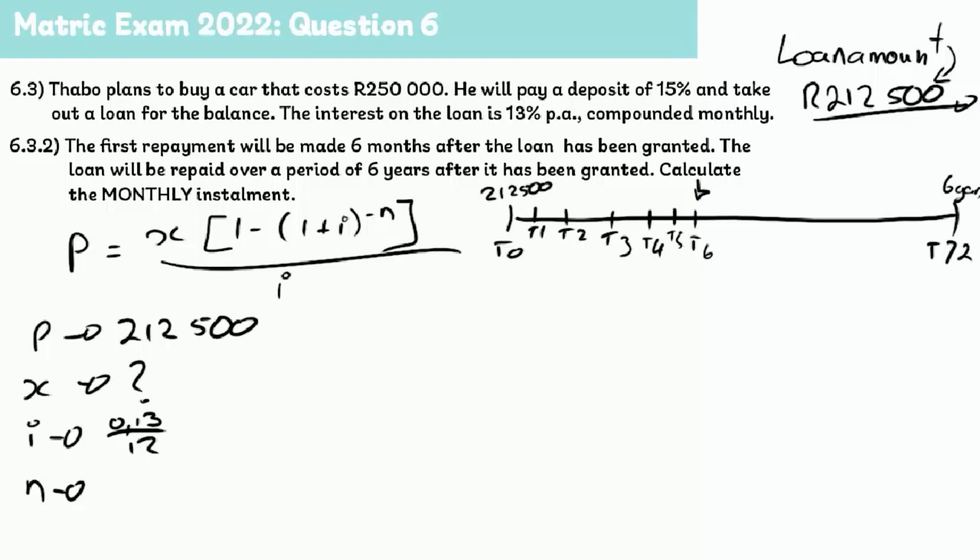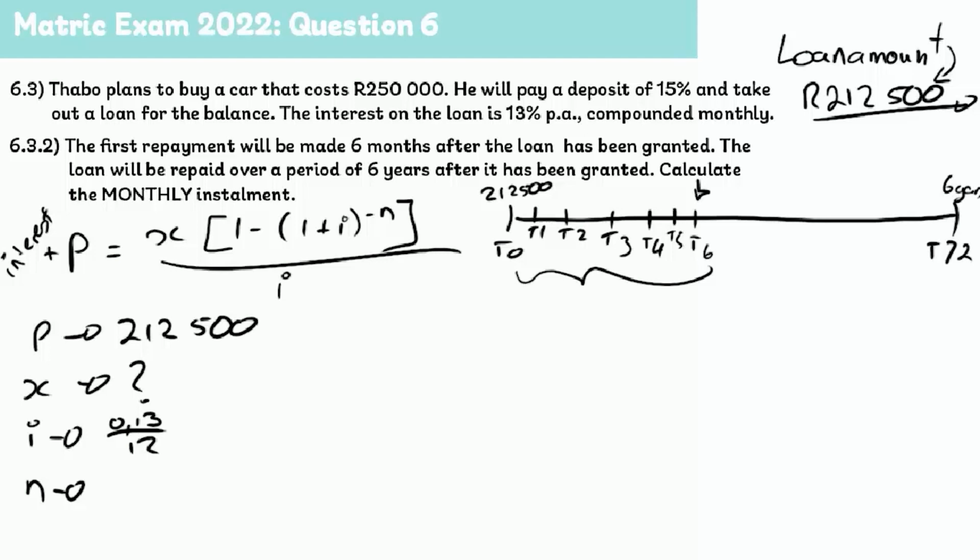Now, no bank is going to lend any customer money at no interest. During this period, the client is going to be paying interest on 212,500. So here's a component that's missing from this formula, and that is the interest part. There's an interest part that must be added to the 212,500 to make the formula on the left work.